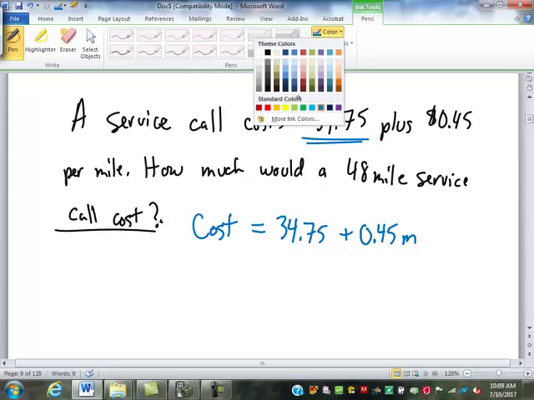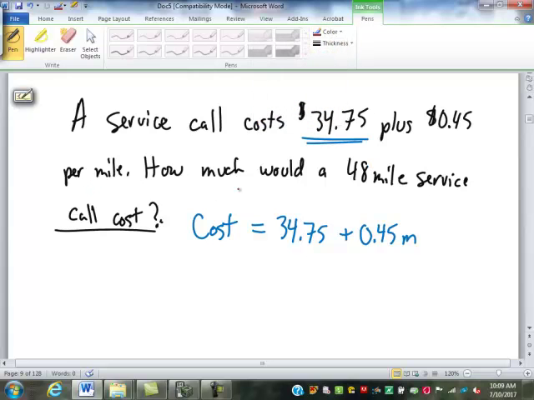So now, for a 48-mile service call, all we have to do is put in 48 for M, for the number of miles.